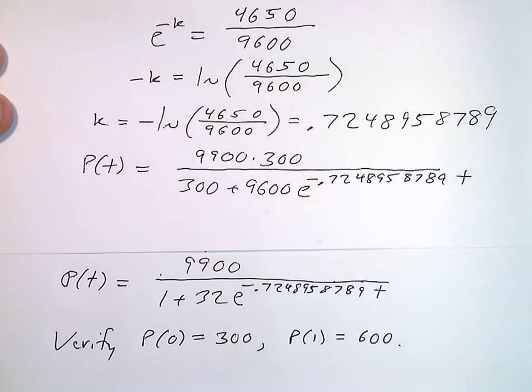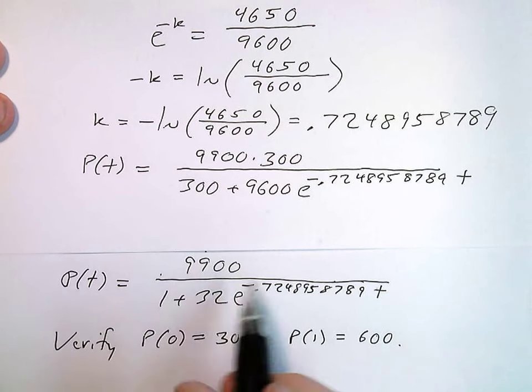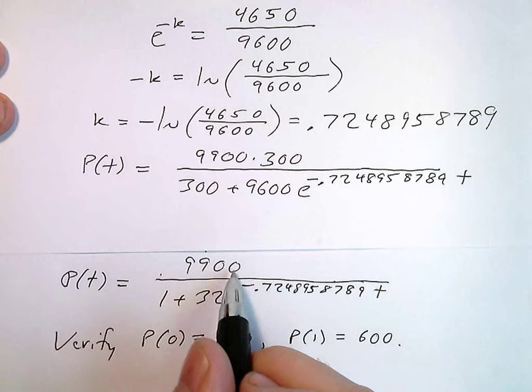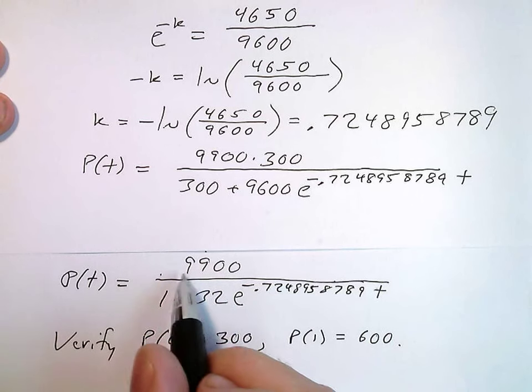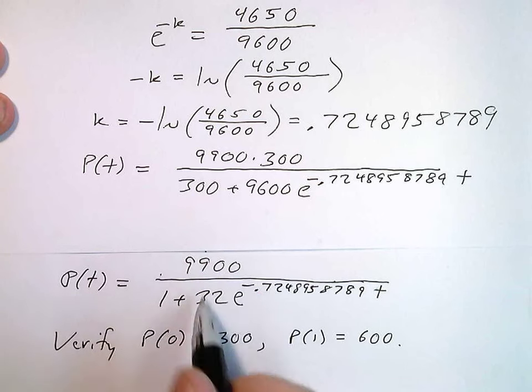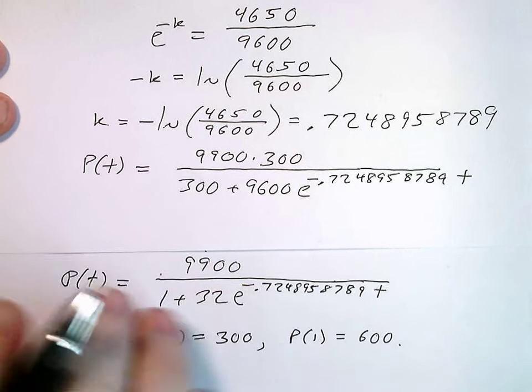So you can do a partial check on your answer there. Also, you can see that as t goes to infinity, this e to the minus fraction times t goes to 0. And so I get 9,900 divided by 1 plus a number that's getting closer and closer to 0. So as time goes to infinity, this function gets closer and closer to the carrying capacity of 9,900.